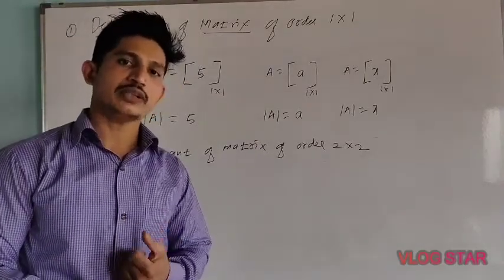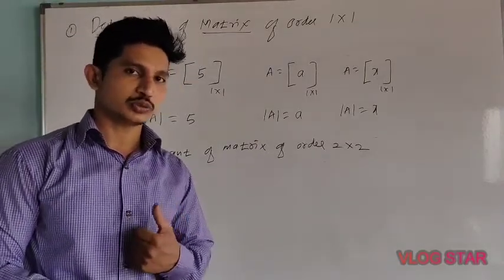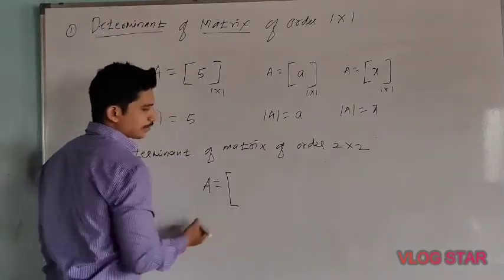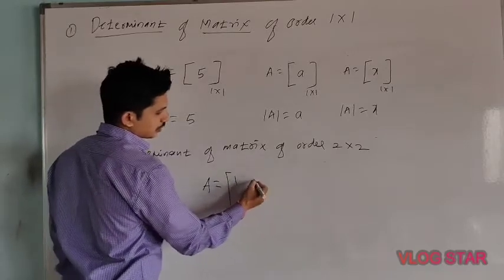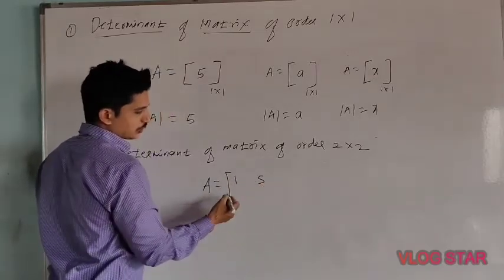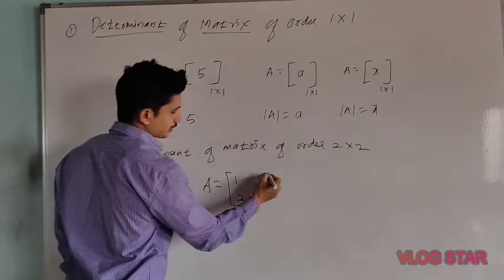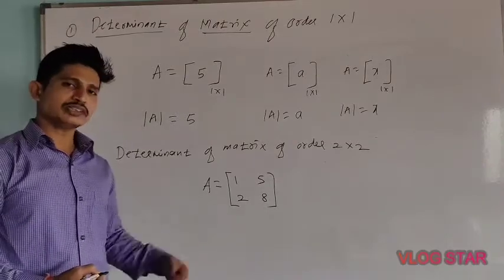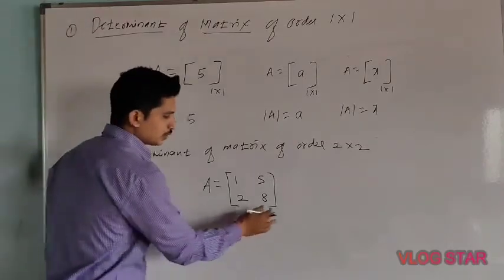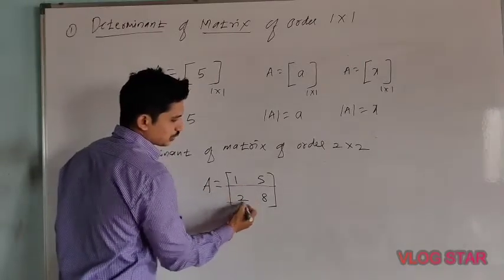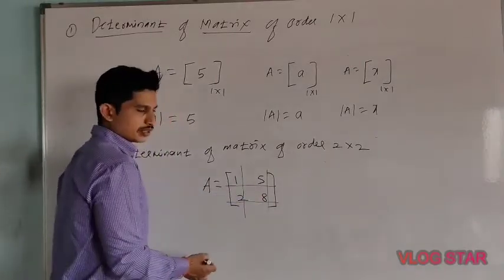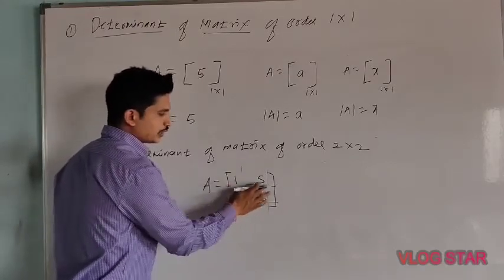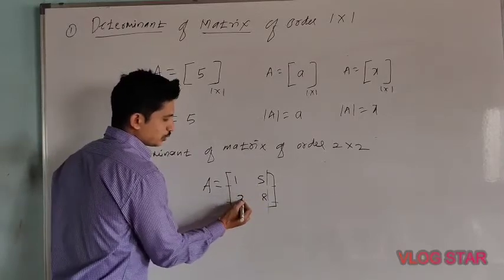Suppose I write matrix A as 1 5 2 8. What is the order of this matrix? There are two rows, first row and second row, and two columns, first column and second column.